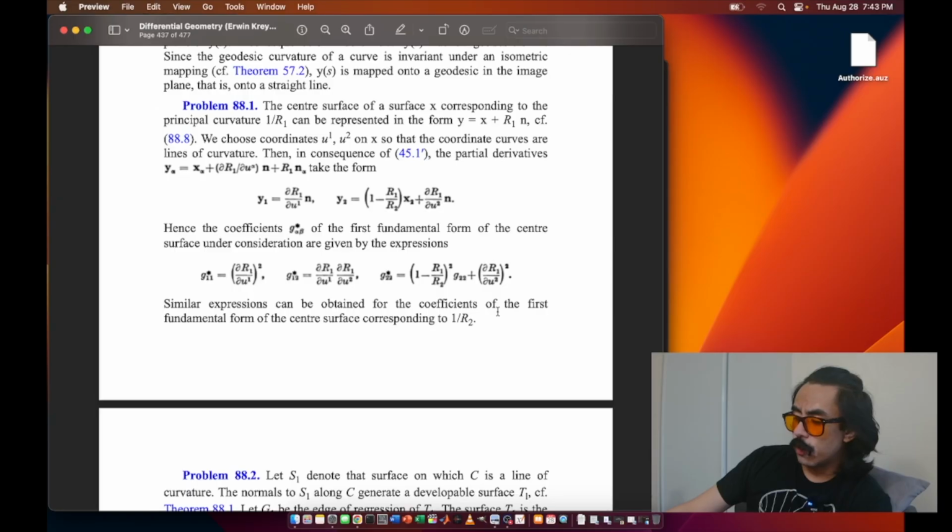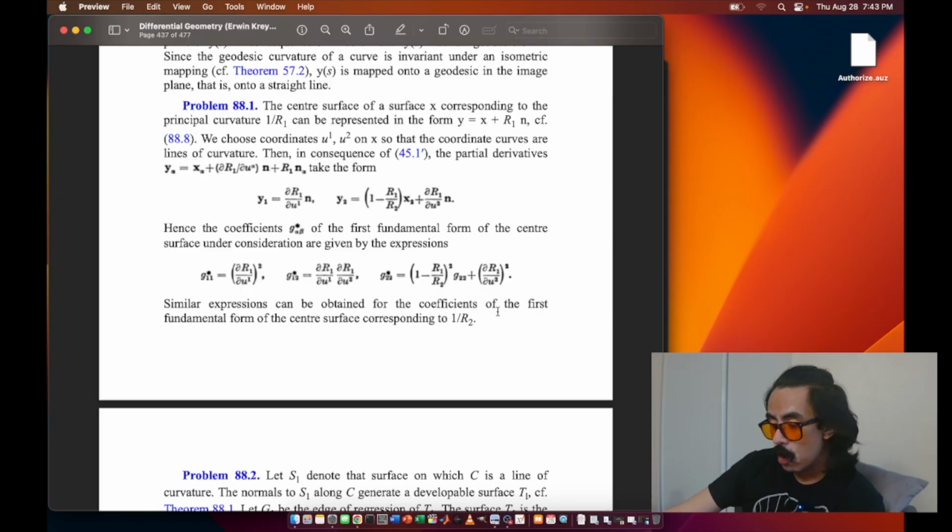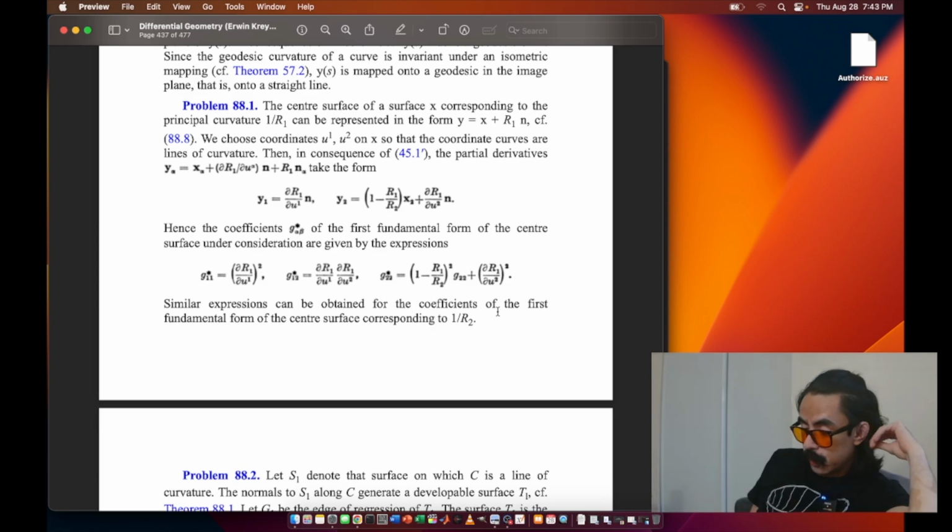The center surface of a surface, we're going to call it x for its vector parametric representation, corresponding to the principal curvature 1 over R sub 1 can be represented in the form vector y equals vector x plus R sub 1 times vector n, for which refer back to expression 88.8 from the main body of section 88. Looks exactly like what I just read.